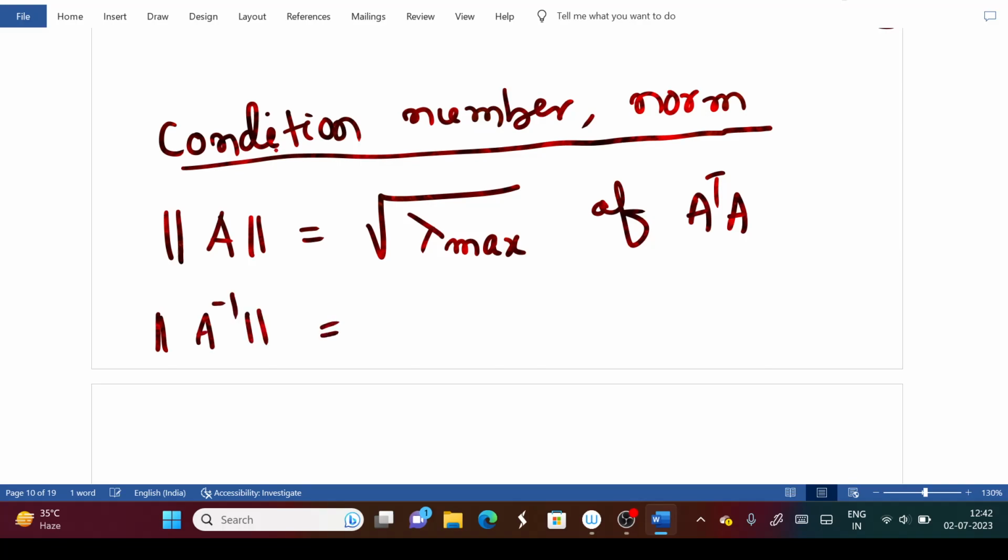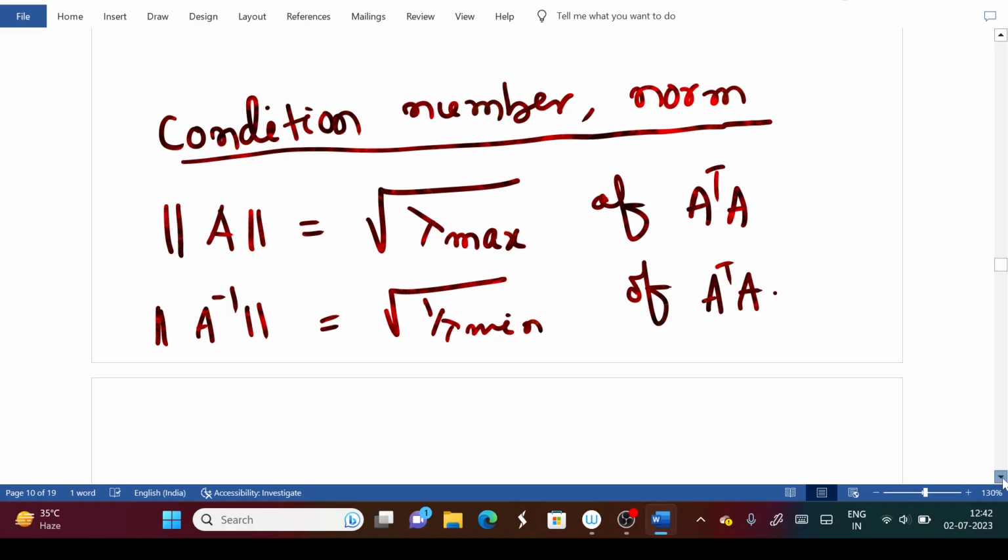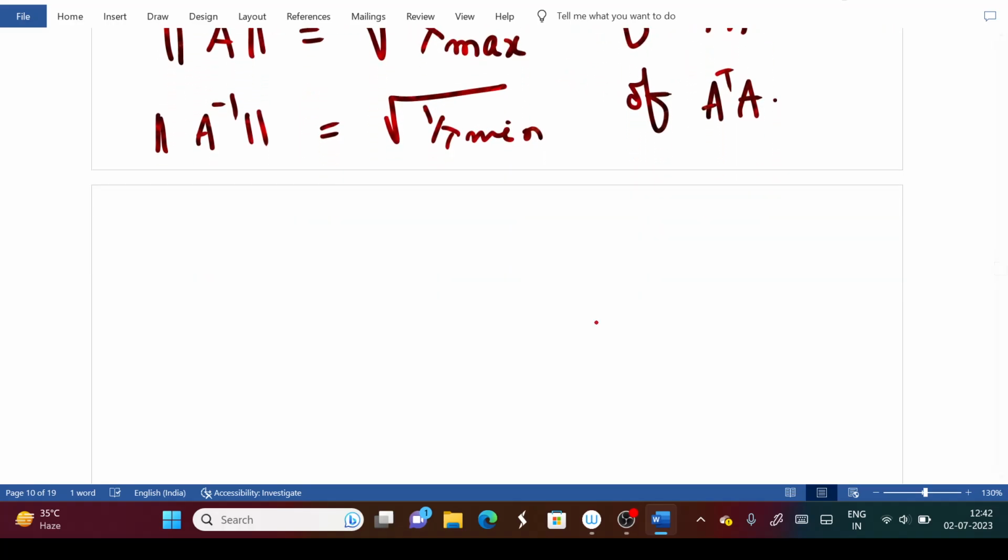It is 1 upon lambda min of A transpose A.